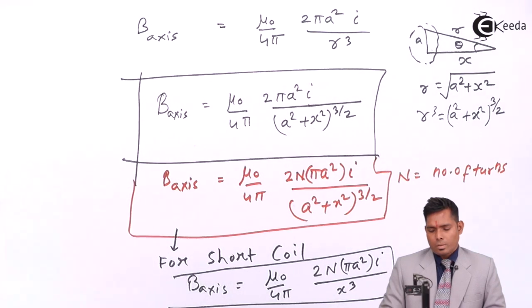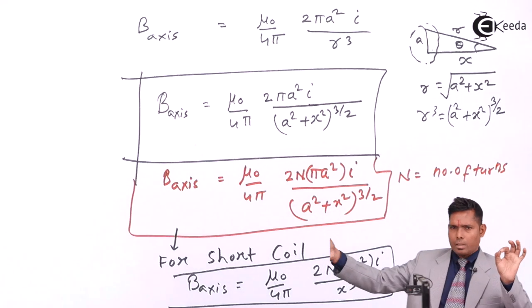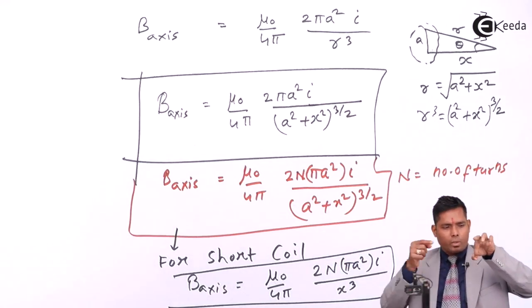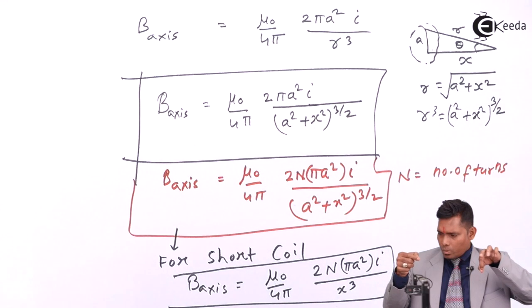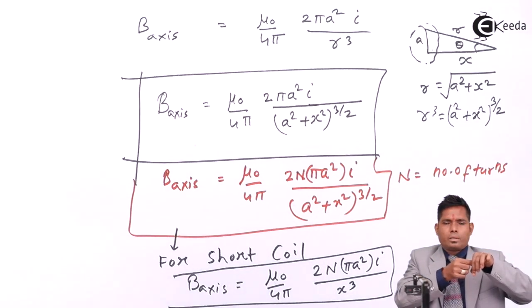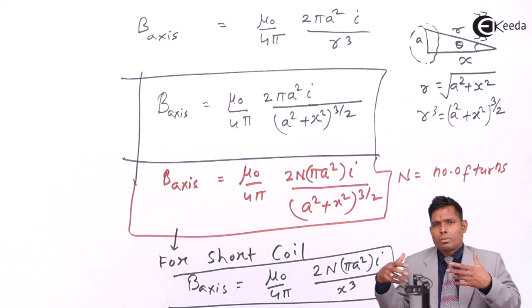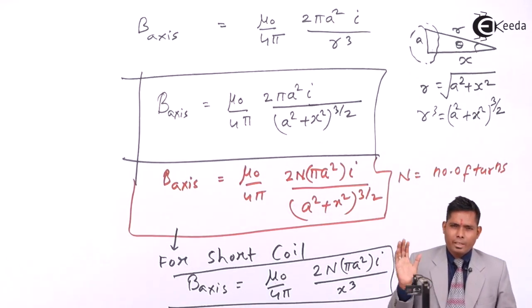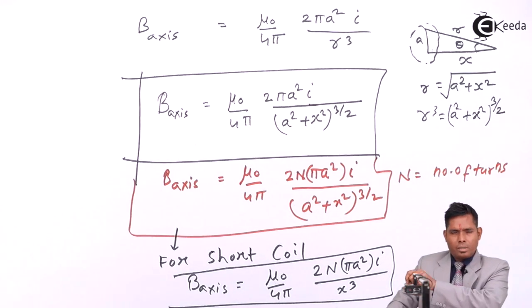This formula is used. Okay. Again, one more thing you can check: if the point is here at a distance x from the center of the coil, and I bring this point closer and closer toward the center along the axis, and finally keep it at the center, then x value will be 0, because x arises because of the distance of that point from the center.